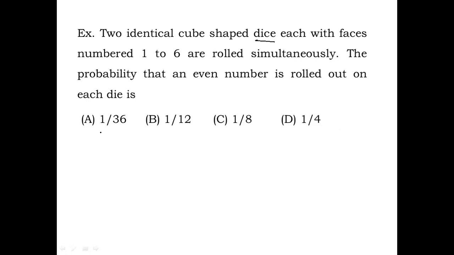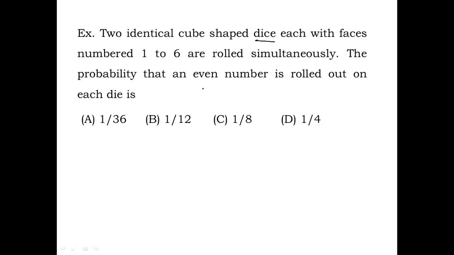Now see, again there is the concept of independence. If two events are independent, then the probability of their intersection is equal to the multiplication of the individual probabilities. That means if A and B are independent, then probability of A intersection B is equal to probability of A into probability of B. Here event A can be that an even number is seen on die 1, and event B that an even number is seen on die 2.